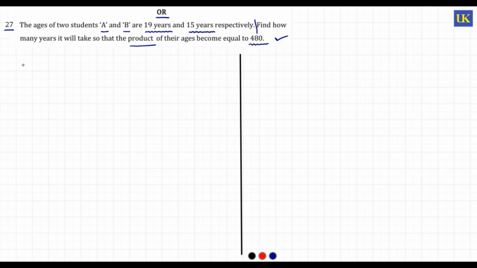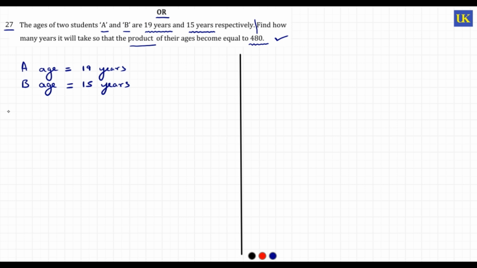So we'll write it down now. A's age they have given as 19 years, and B's age they have given as 15 years.